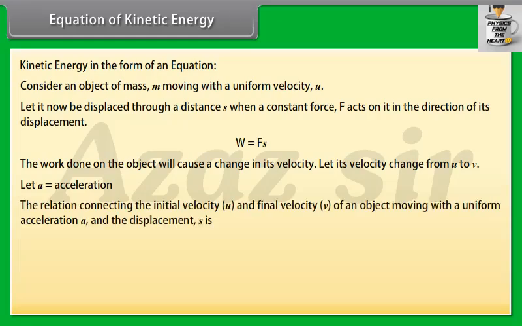The relation connecting the initial velocity u and final velocity v of an object moving with a uniform acceleration a and the displacement s is v square minus u square equal to 2as. This gives s is equal to (v square minus u square) whole upon 2a.